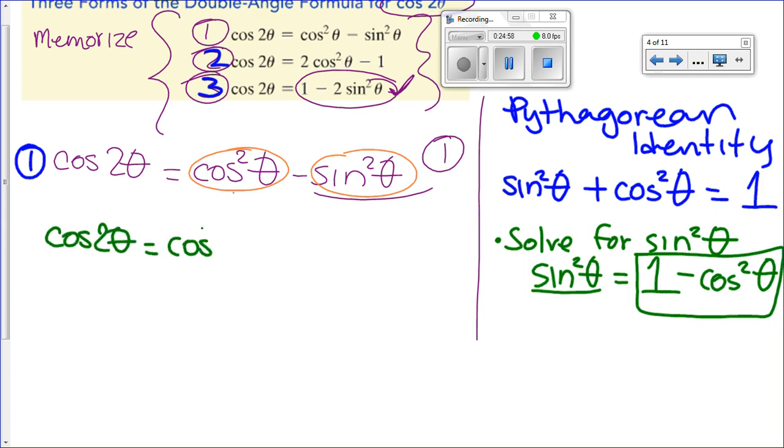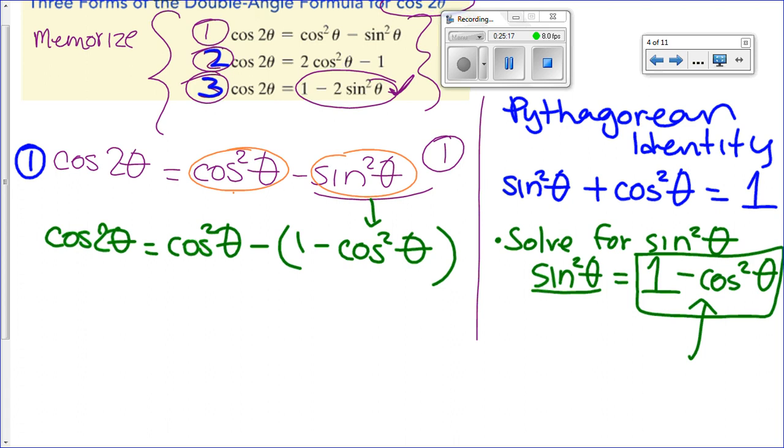Cosine squared theta minus, in parentheses, 1 minus cosine squared theta. The quantity that I have right here in the rectangle. That's all I did. I replaced this one with that. Are we okay with that?